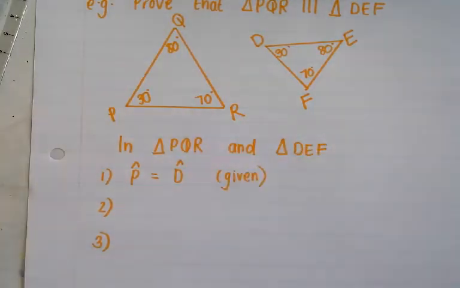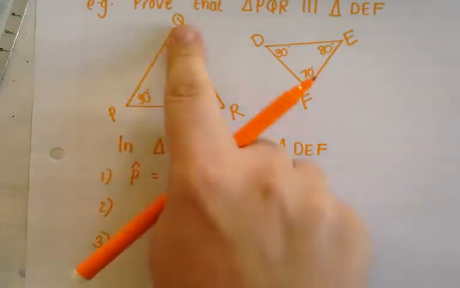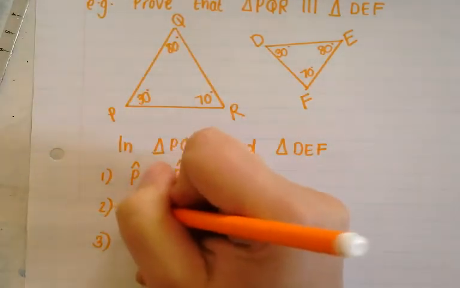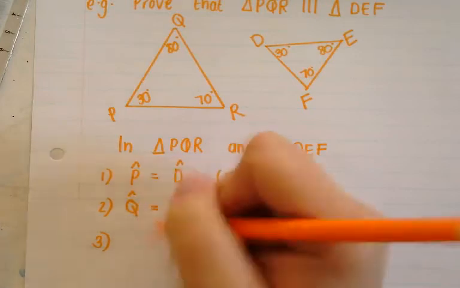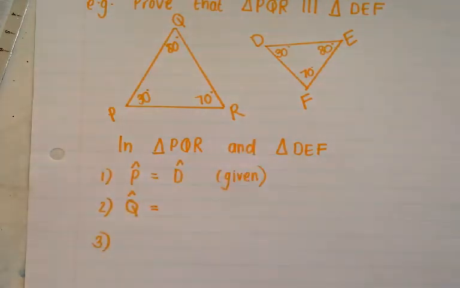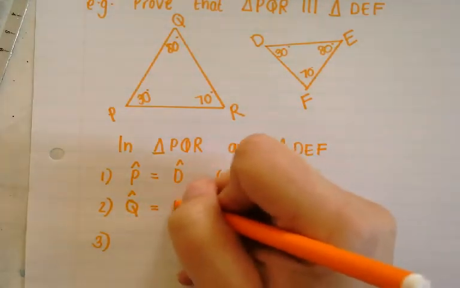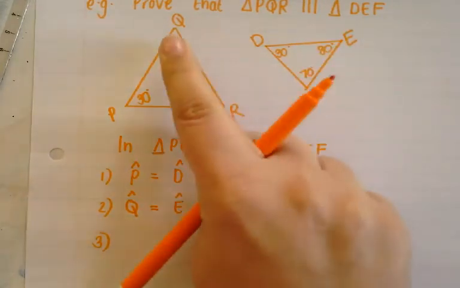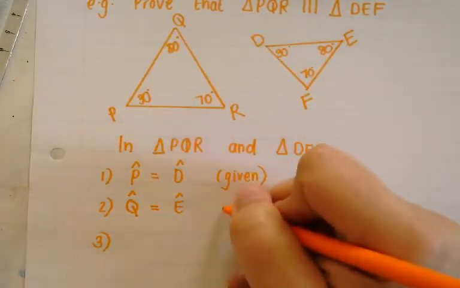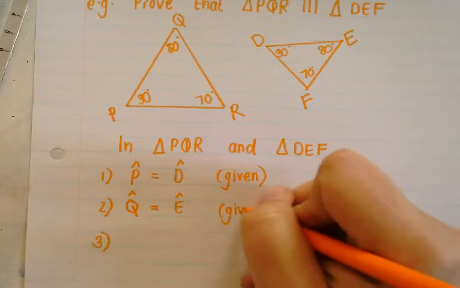So I say that it is given to me. Okay, so I've done one angle. Let's go to Q. Which angle matches Q? And that's because I can see 80 and 80. And once again, it's on the page, so it is given to me.